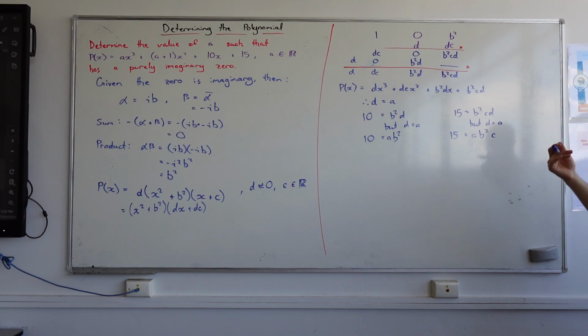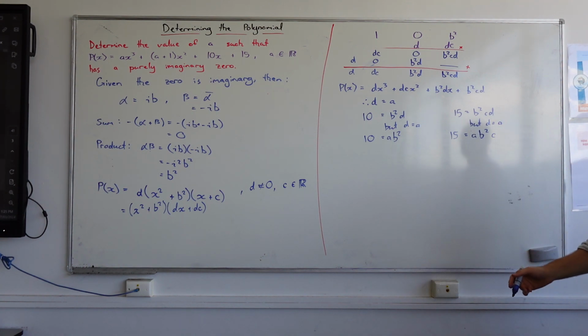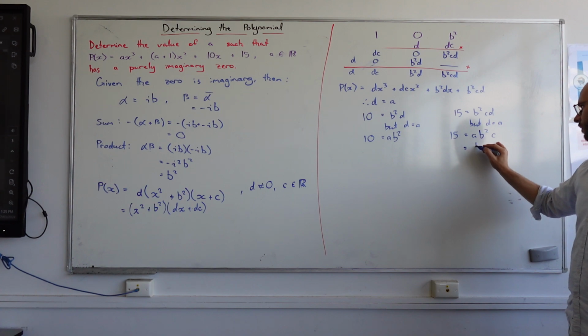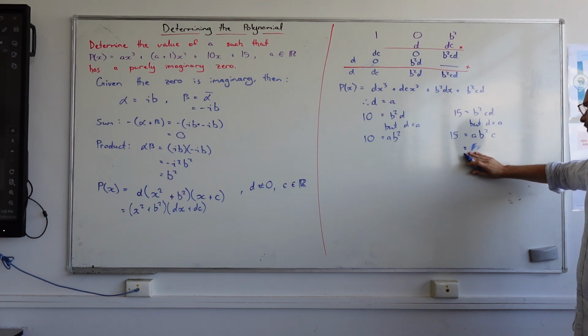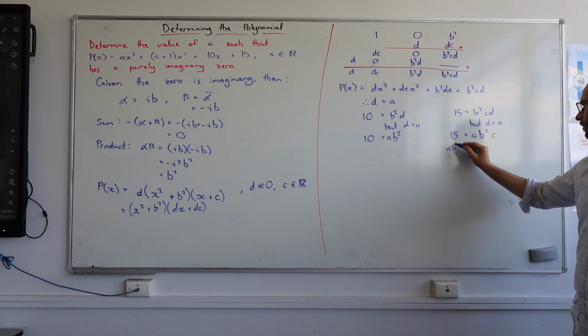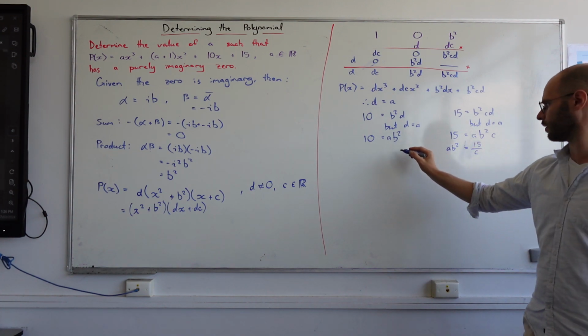And then I suppose you can solve for c in this instance because you can get rid of the a b squared. So a b squared c equals 15, which means ab squared equals 15 over c.